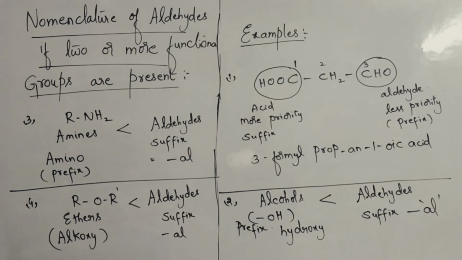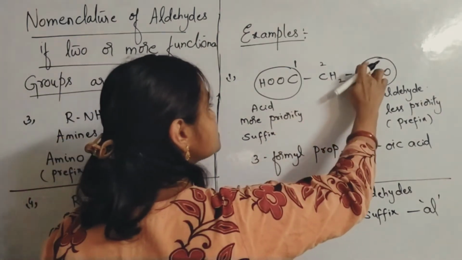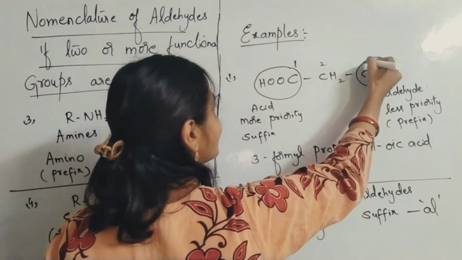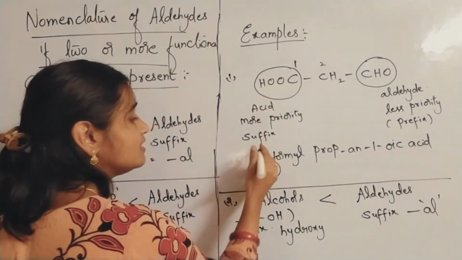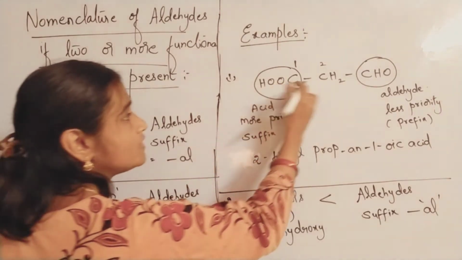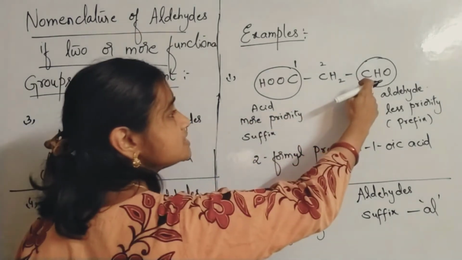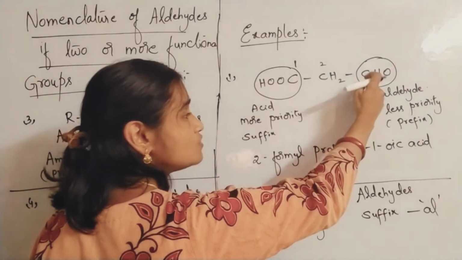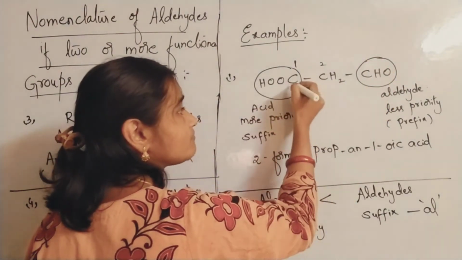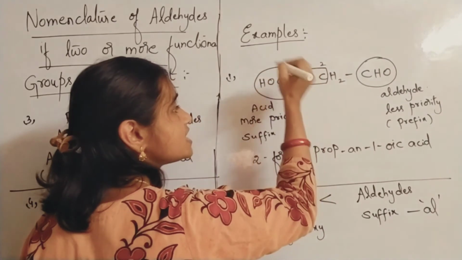So the name of the compound is formyl propan 1 oic acid. Actually, here you are not supposed to give the numbering for this carbon atom. So here you will be giving the number 2-formyl, because even you are not considering this. This is the one which is not considered. The main parent chain is this only.